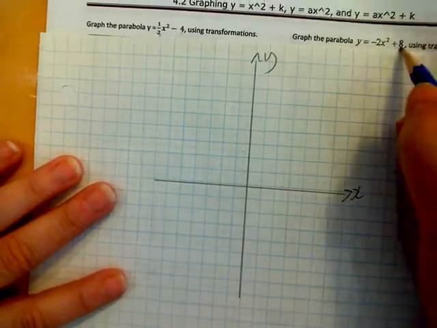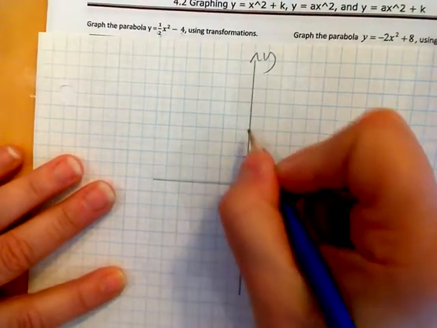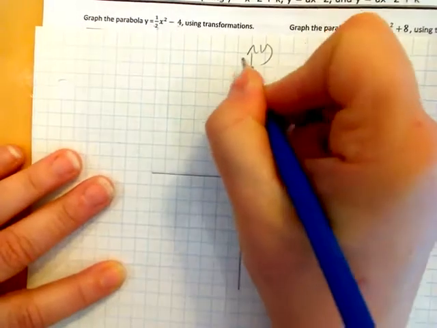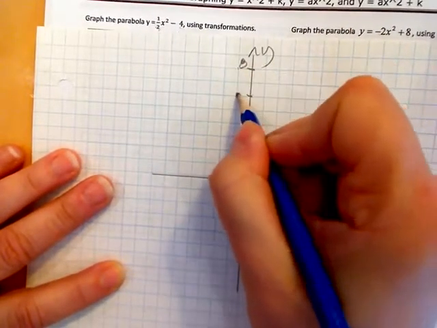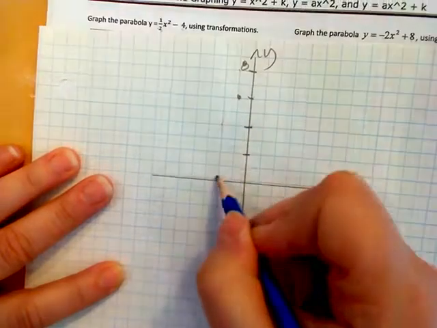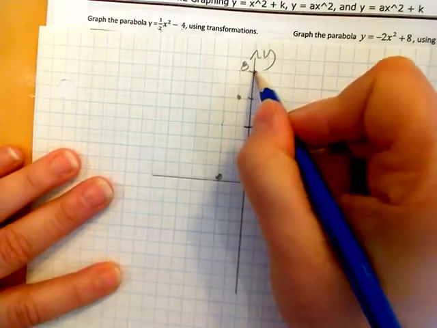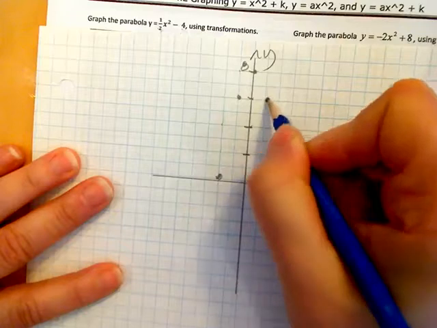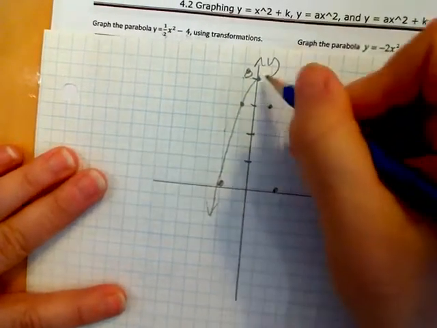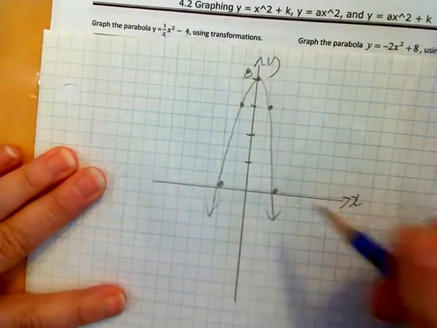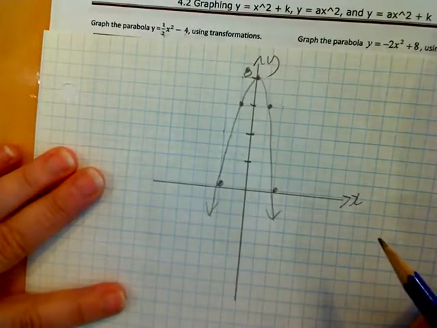And I know I'm going to start at +8. So 2, 4, 6, 8. So at +8, I'm going to go over 1 down 2, over 1 down 6. There's my graph. That's it, folks. That's all I need to be able to do.